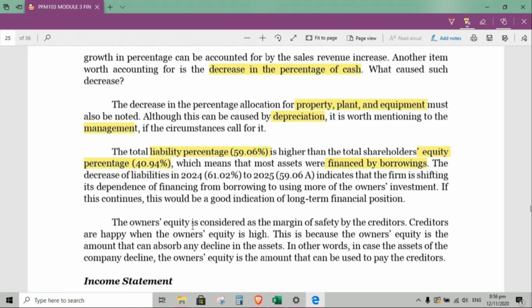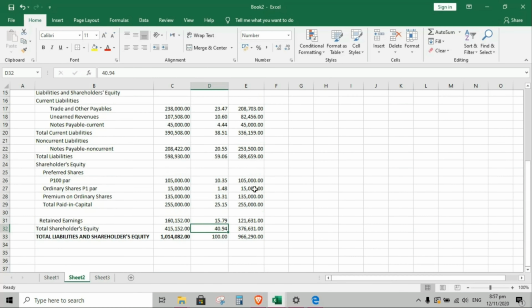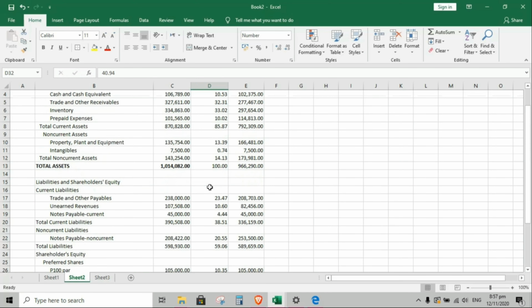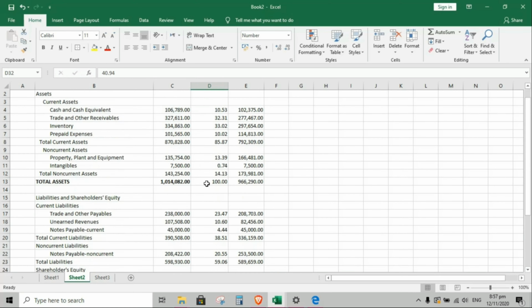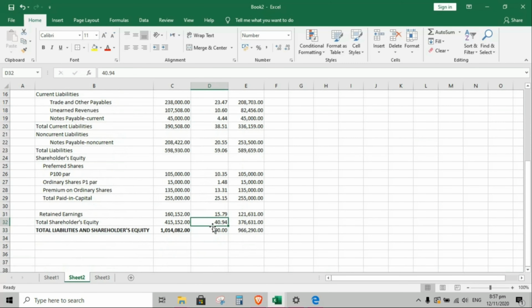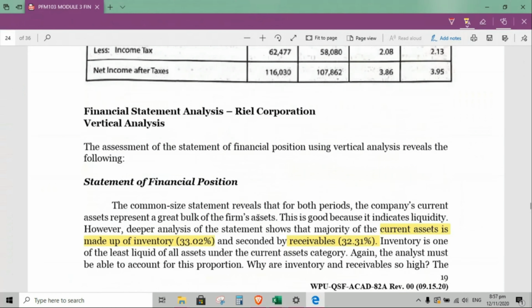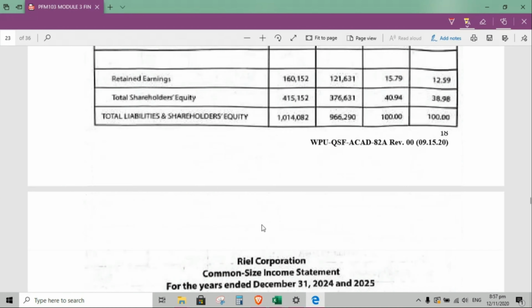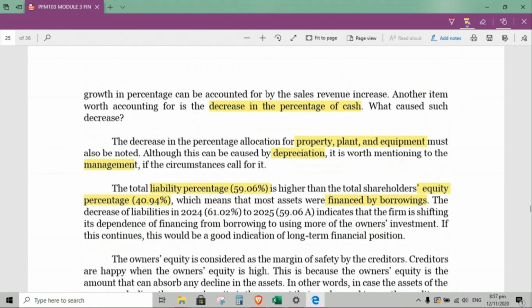Ngayon, kung mapapansin mo, kung i-compute natin sa 2025 at 2024, kasi ang kinompute natin ay 2025. Pag kinompute natin yan, makikita natin dito sa 2025 na balance sheet, ang kanyang liabilities ay bumaba.